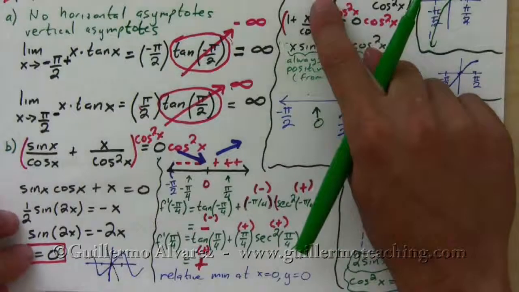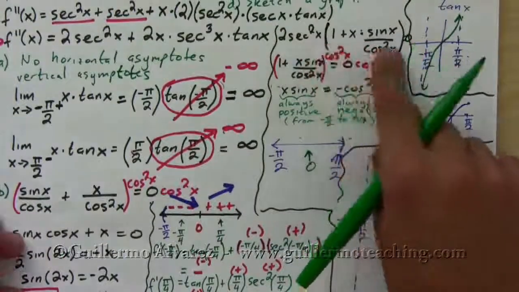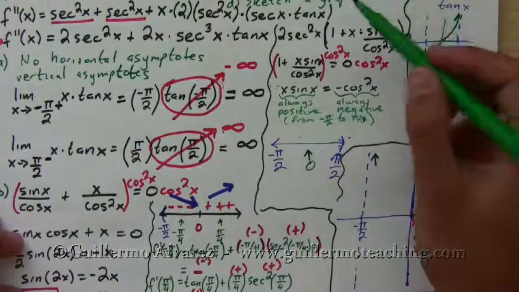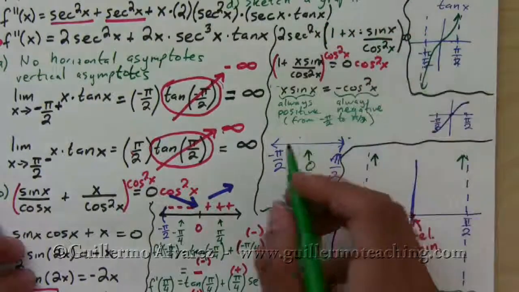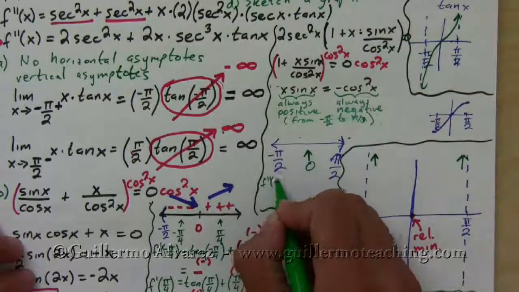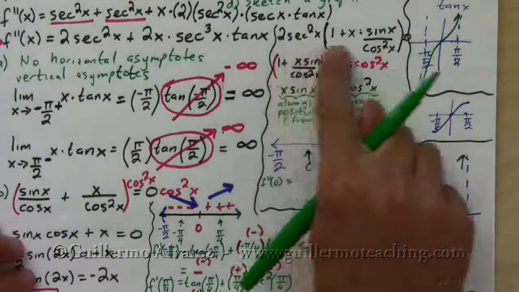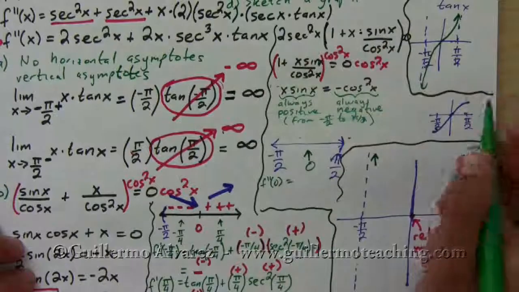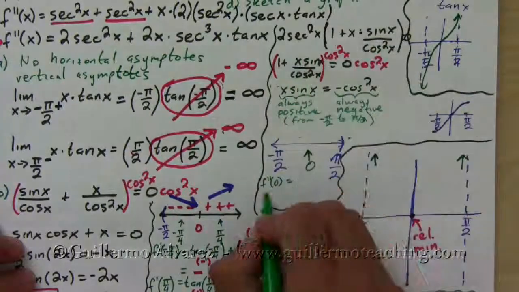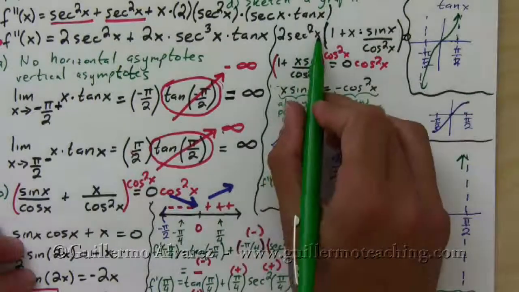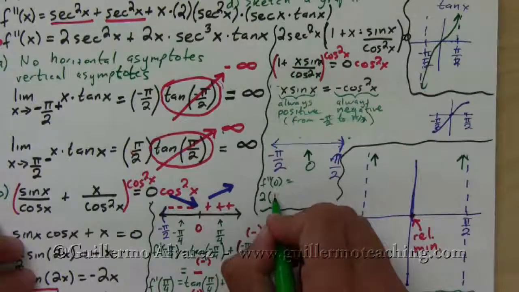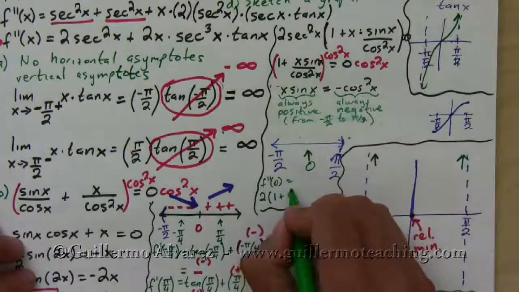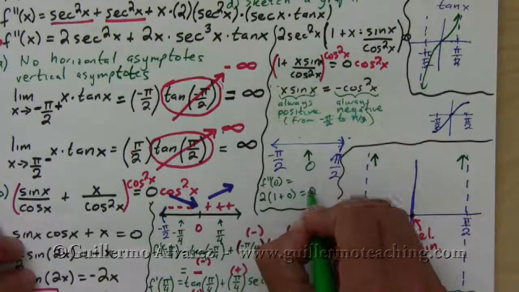So f double prime at 0. The easiest one to plug it into, I think, is this one. So what I get is secant squared at 0, which is just 1. So it's 2 times 1 plus 0. So this is positive 2.